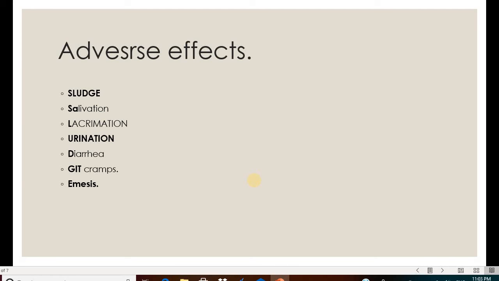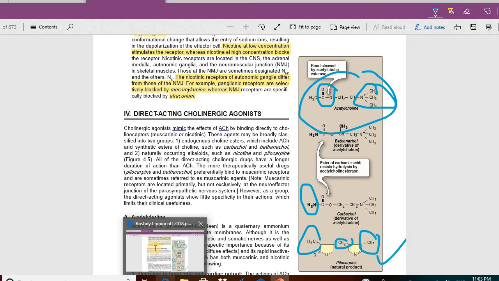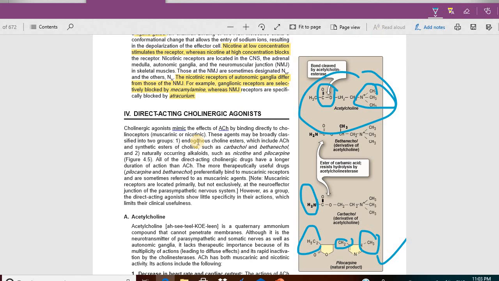So here are the adverse effects of acetylcholine, which include SLUDGE. You can learn it by the mnemonic of SLUDGE. S for salivation, L for lacrimation, U for urination, D for diarrhea, GIT cramps, emesis. Emesis भी हो सकता है। तो SLUDGE is the side effects or adverse effects of acetylcholine. So I am going to show you the diagram which is mentioned in the book.